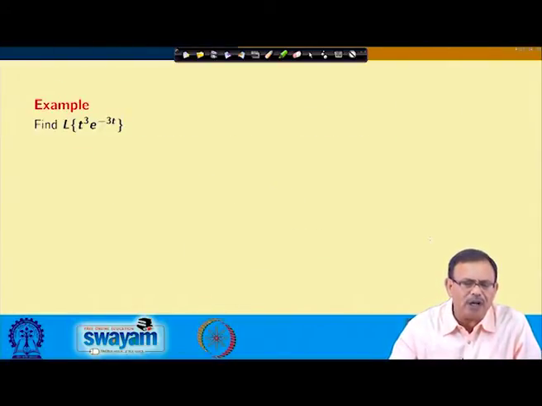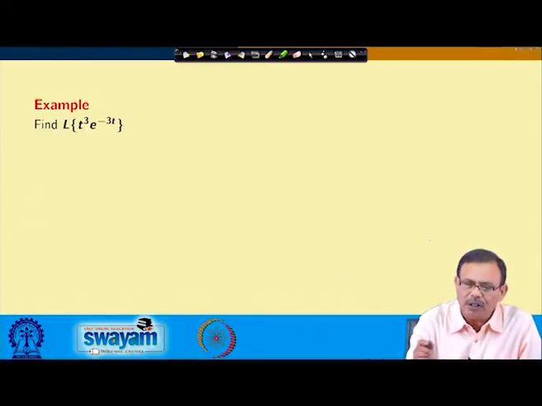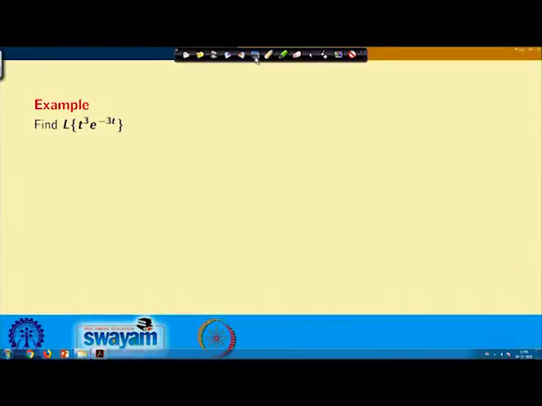We want to find the Laplace transform of t cube into e power minus 3t. So, we know the Laplace transform of t power n, that is, factorial 3 by s to the power 4, or in other words this is equal to 6 by s to the power 4, factorial 3 is 6.